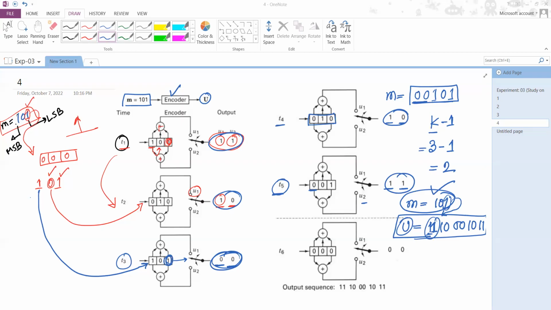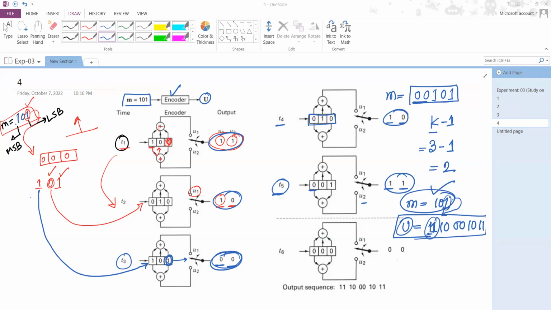And as you can see, this register contains 3 bits. That means K into K is equal to 3, right? That means the number of shift registers is 3. So we have found this from here. And also this K is equal to 1. That means the number of bits shifted at a time is 1, and the number of stages is 3.